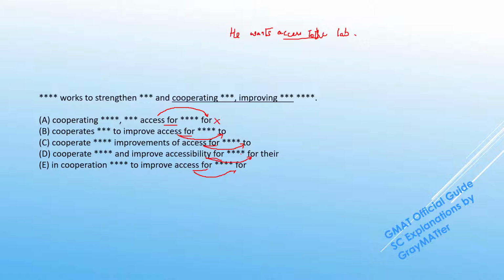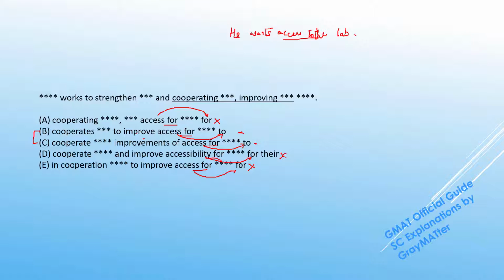Access for is totally unidiomatic, so A and E can be knocked off. Access to is right, as we saw in that example, so we can keep B and C. Accessibility for is wrong, because generally we say it's the accessibility of something and not for, so D can also be knocked off. So we're down to just B and C.